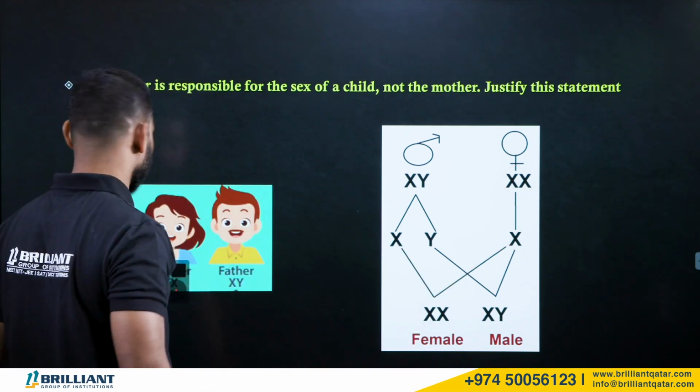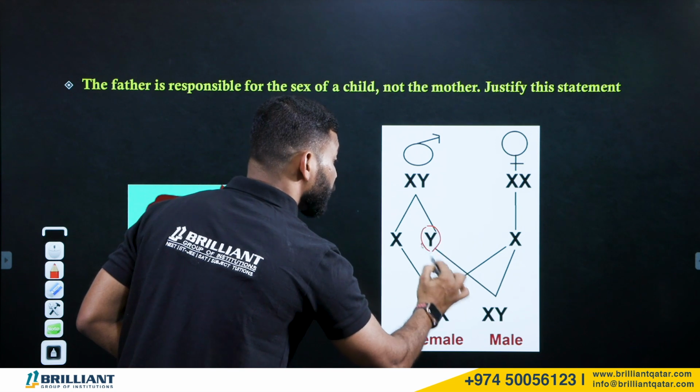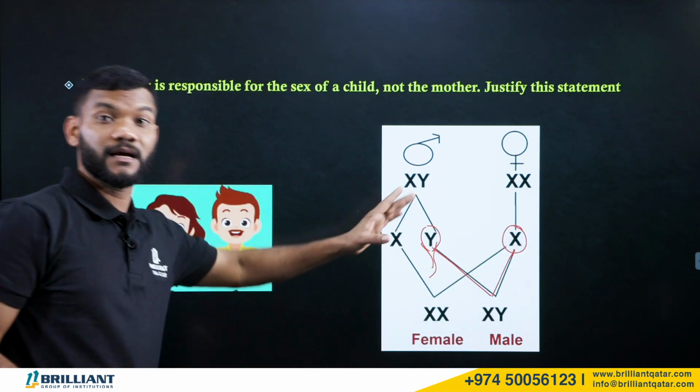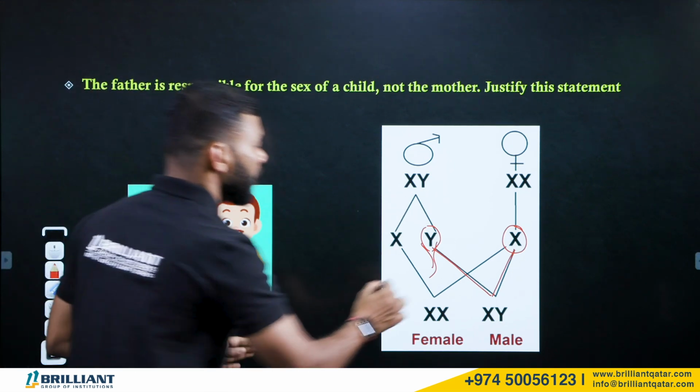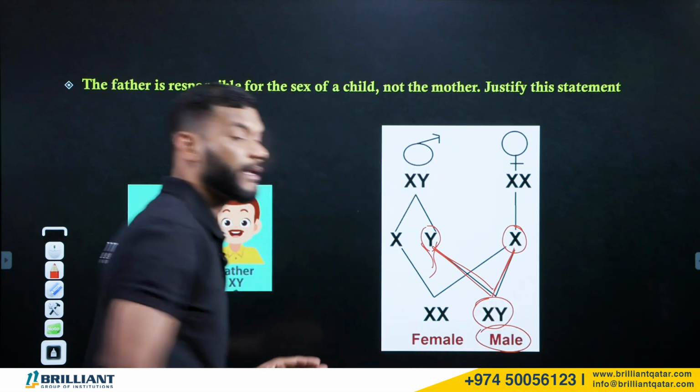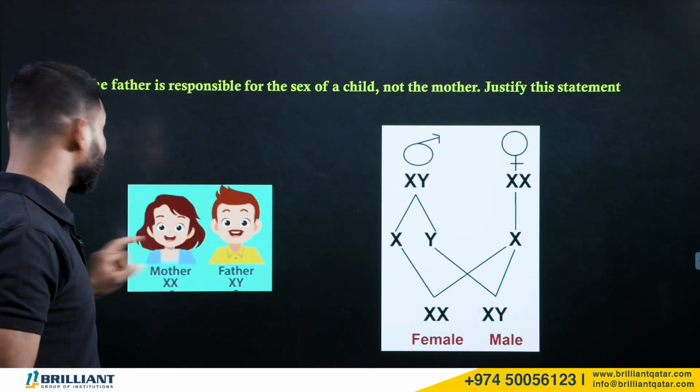Or, in this case, if the sperm with the Y chromosome fertilizes the X chromosome egg, then X and Y will be produced and the offspring will be male. So who is responsible here?